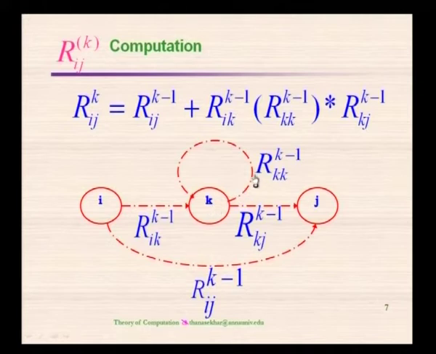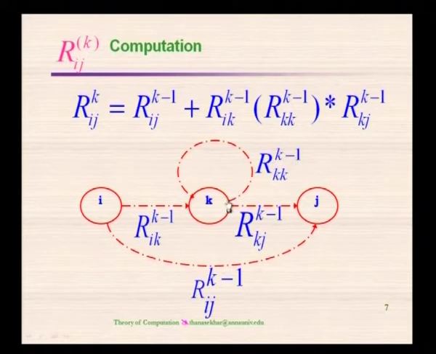So, the regular expression denoted by this path is going to be r k k, because we start from k and end with k, and the label on the intermediate states is at most k minus 1.